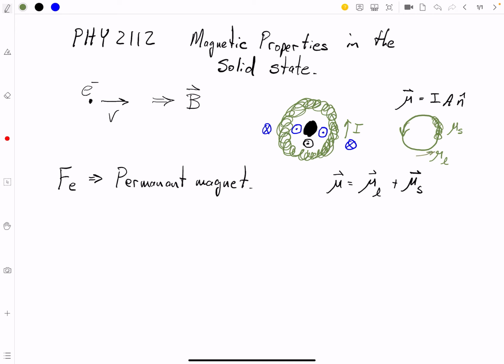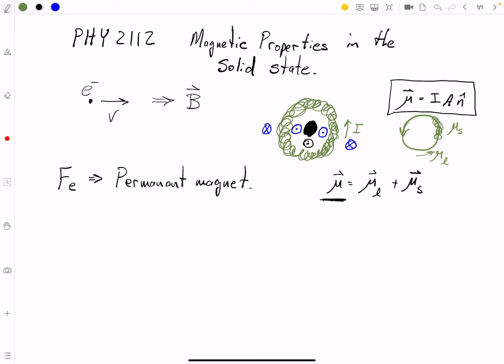Those two things combine to give us our net, and this is the net right here. Just a little bit of physics for you guys.